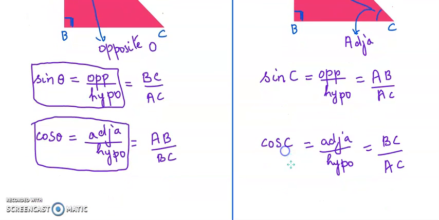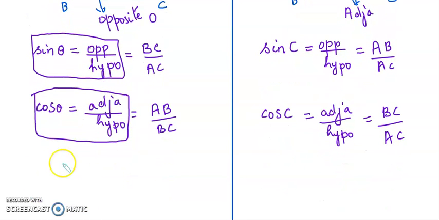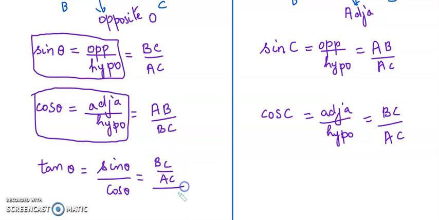So the third ratio which we are going to talk about is tan theta. And tan theta is always sin theta upon cos theta. Right? So if you take this ratio of sin theta, it's AB upon AC. Sorry, I made a mistake.